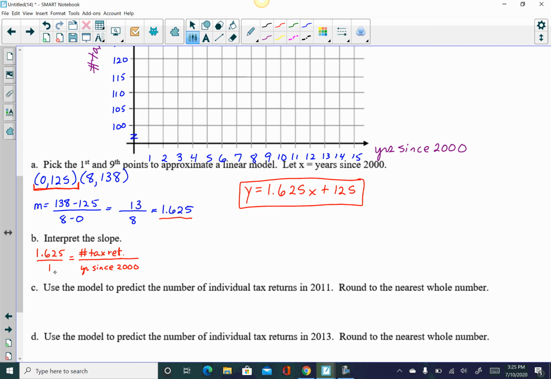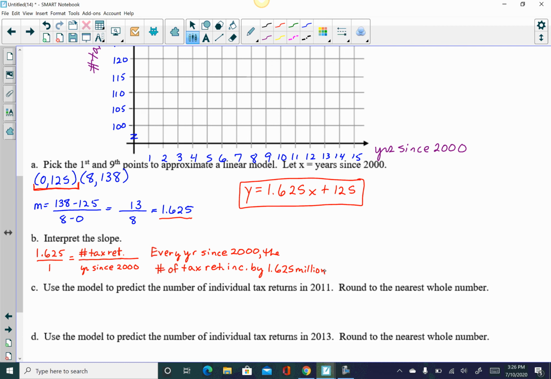So in this format we could say that every year since 2000, the number of tax returns increased by 1.625 million.